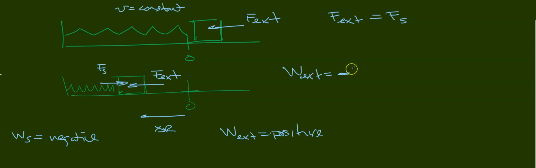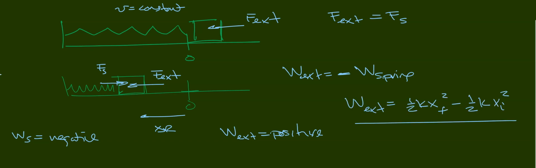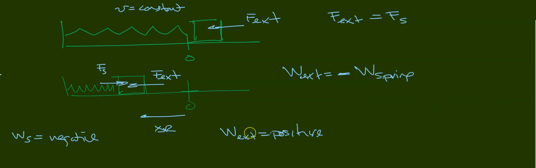So the work done by the external force is the negative of the work done by the spring. In the next video, we will see what the work done by a spring and an external force look like from any random position to another.